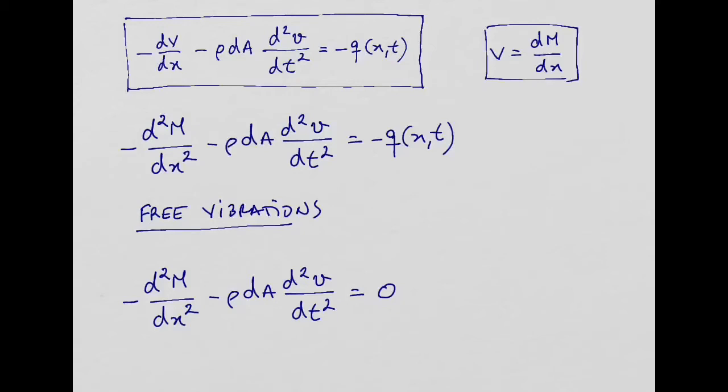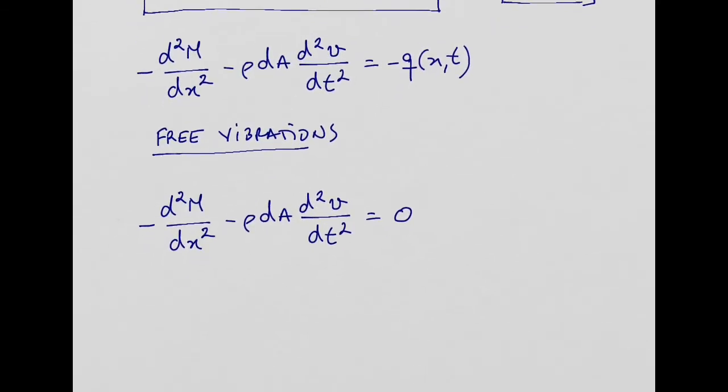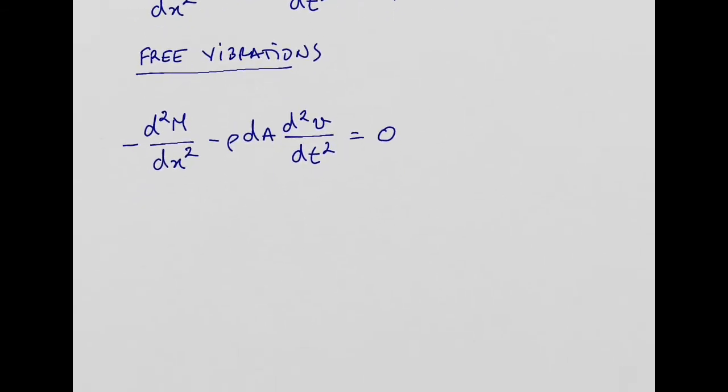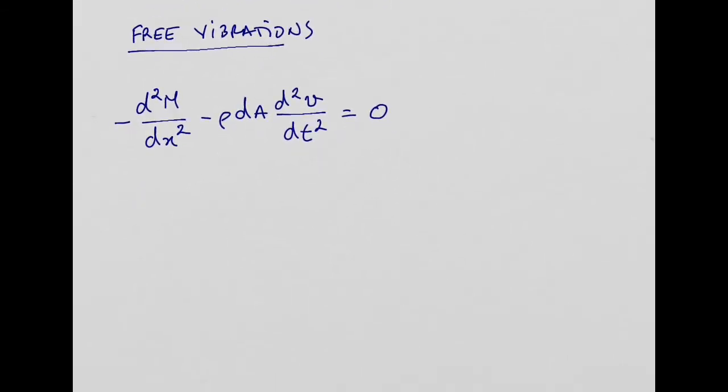But we need to understand first, and I think that's why I'm doing this today, how a simple beam works, what the equation of motion is and how to solve it before we go into a more complex analysis for the entire wing, all right? So free vibrations, so the right-hand side of the differential equation is equal to 0.